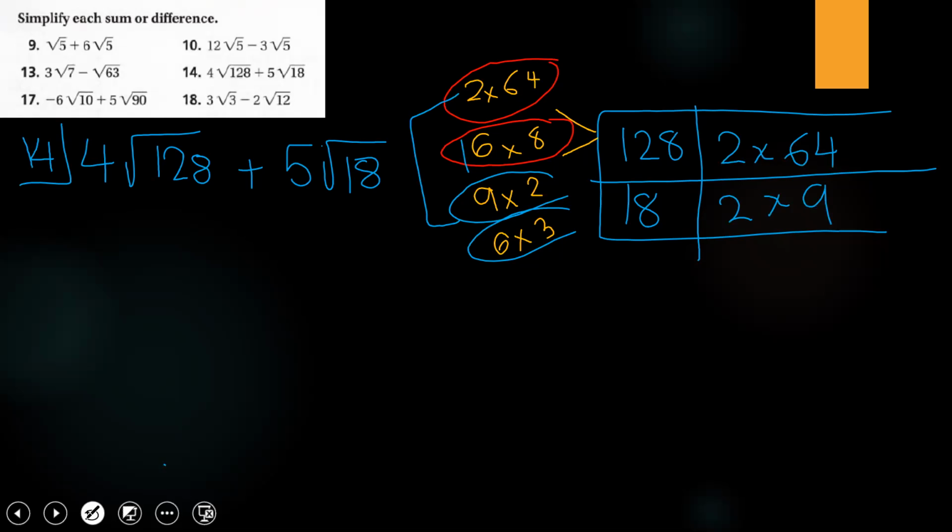Let's now rewrite them here. 4, but now instead of writing 128, let's write it as 64 times 2, plus. Here now we have 5, but instead of writing 18, write it as 9 times 2.